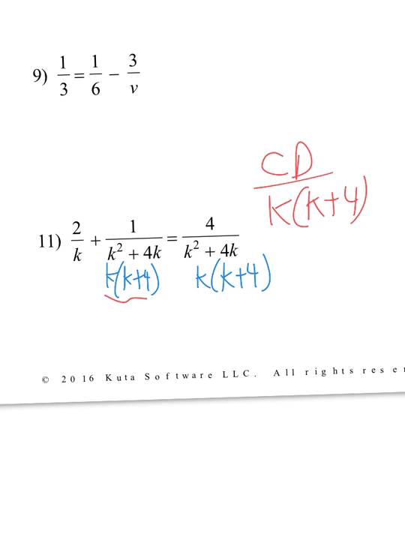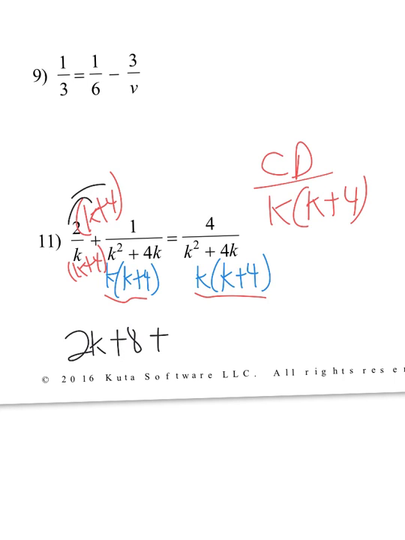So I have the denominator in this one and in this one. Notice I've got to multiply here by k plus 4. So I need to multiply here by k plus 4. So I'm going to go ahead and distribute that. So it's 2k plus 8. Okay, and then plus my 1, I didn't multiply anything there, equals 4.